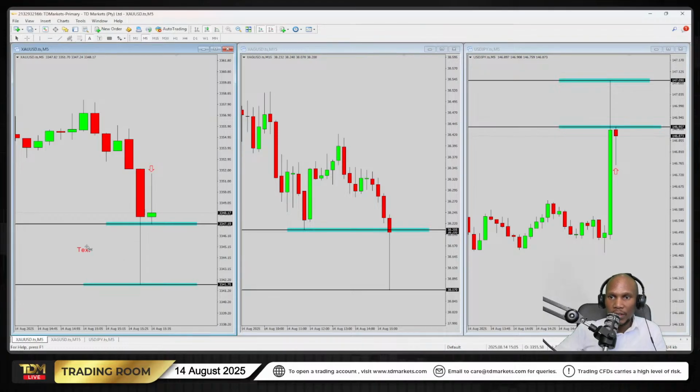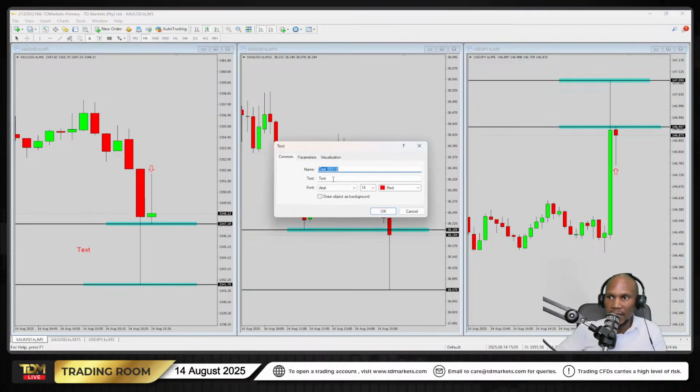So usually this would be a risky area, right? This area, a risky zone or risky area. We can say that's a no man's land area, right? It's a risky one.